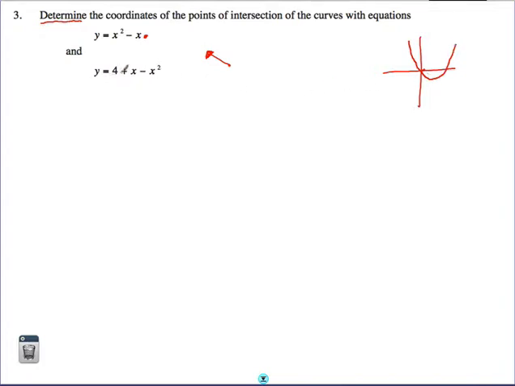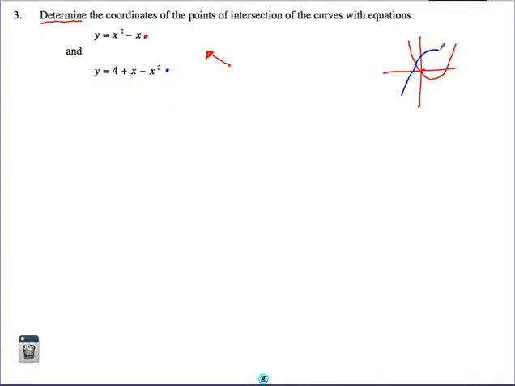And y equals 4 plus x minus x squared would look something like this. Okay, so this equation would look something like this.